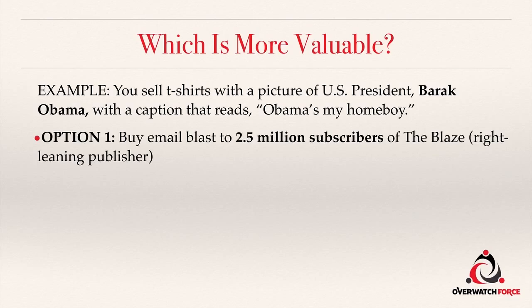Let's say that you have 2 options. Option 1, you can buy an email blast. In other words, you take your email and you go to The Blaze and they send it to their 2.5 million subscribers. Now, The Blaze happens to be a right-leaning publisher. Okay, but it's 2.5 million subscribers, right? That sounds great, right? 2.5 million.